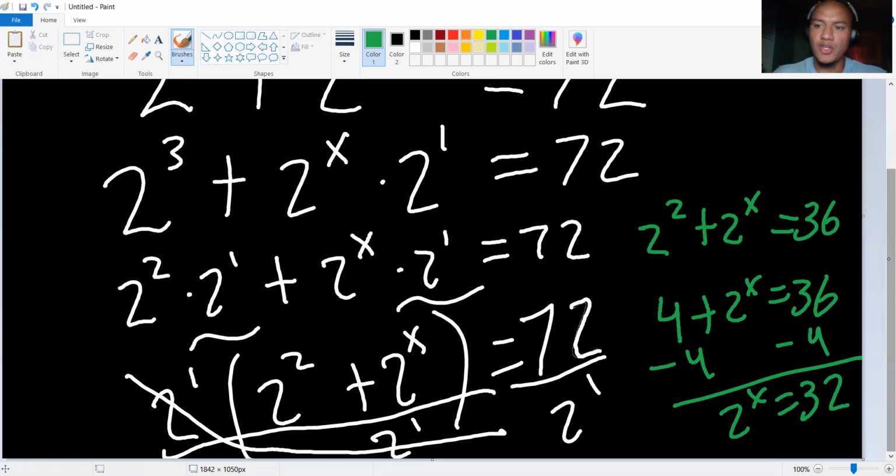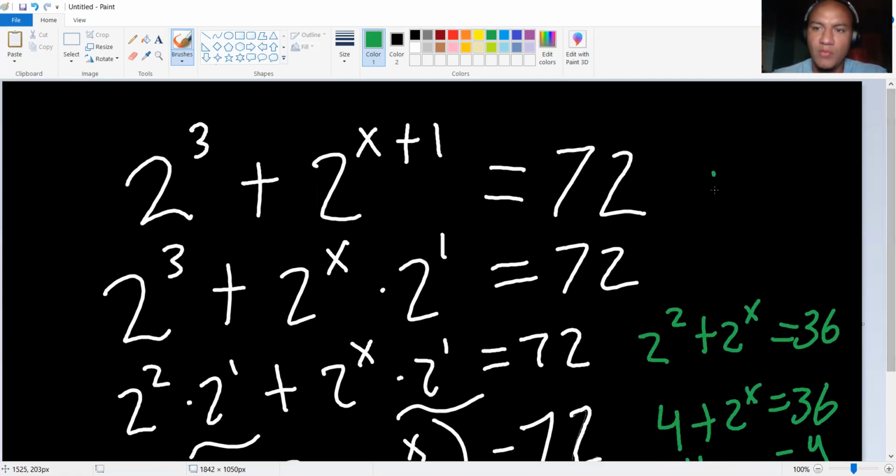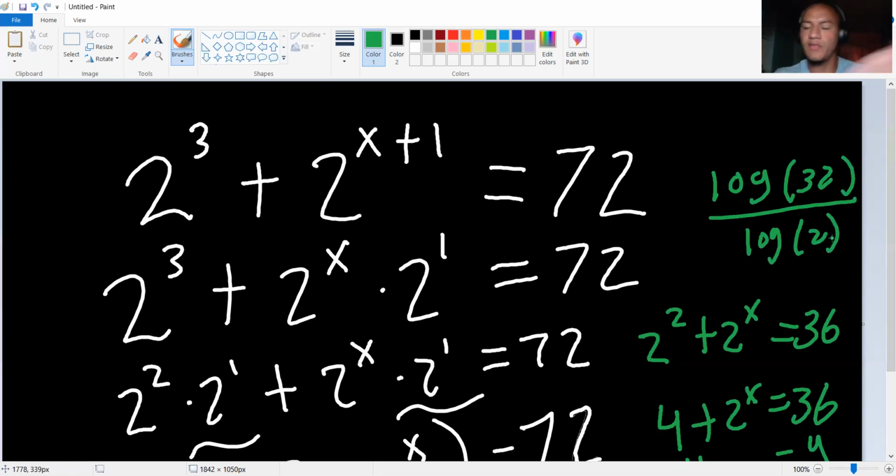If you had a calculator, you could just do log base 2, and you would do log base 2 to the other side as well, like at the beginning. So you would get log base 2 of 32, and then you would do a change of base, which would give you log 32 over log 2, and so that would give you 5 in the end.